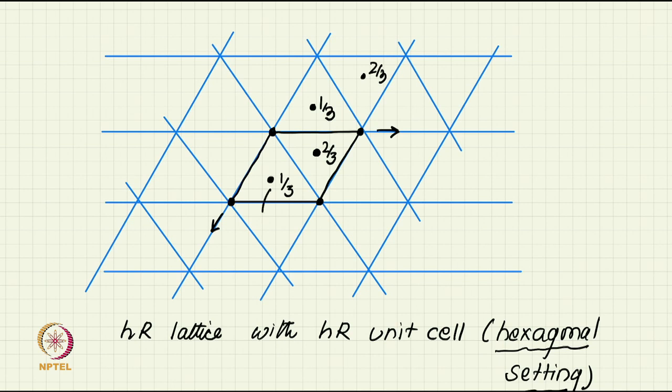The 1/3 point, if you look at the coordinates along x and y axes, is 2/3 on the x axis, 1/3 on the y axis, and 1/3 on the z axis. And this point is 1/3 along the x axis, 2/3 along y, and 2/3 along z. So, this black unit cell is what is called the obverse setting.